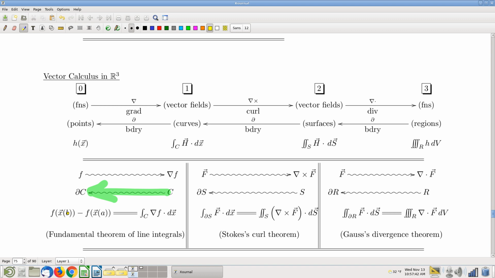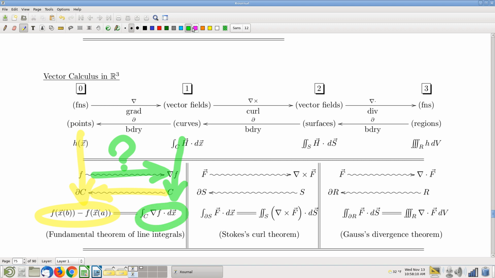Then we asked, if I were to take that function and do something to it, is there something I can do to it such that when I do this evaluation of the resulting whatever that is over the initial curve, I would get the same thing?